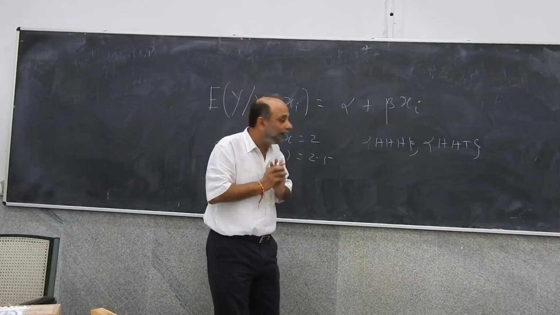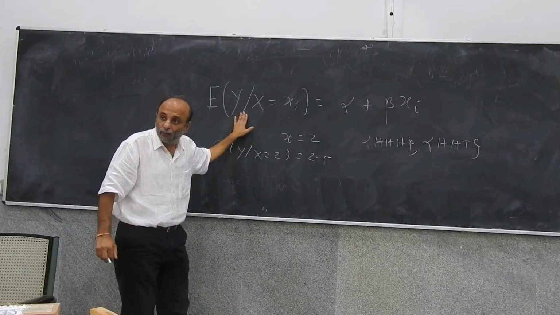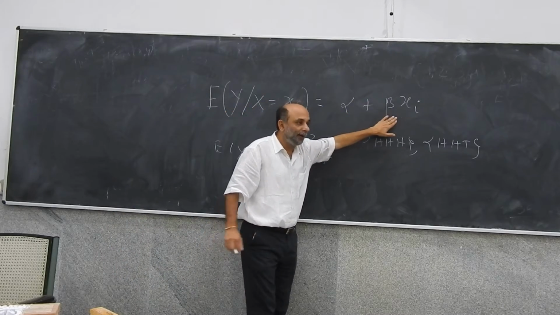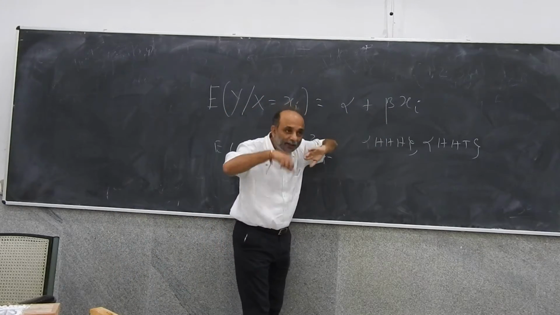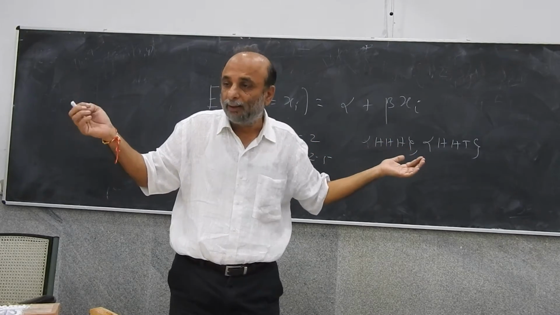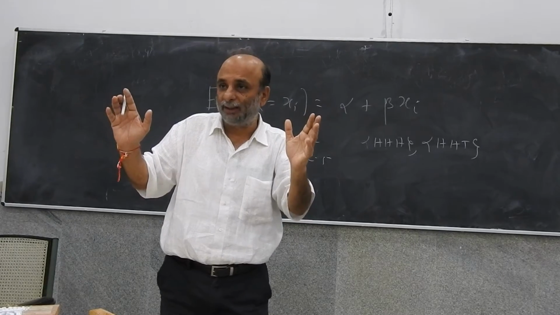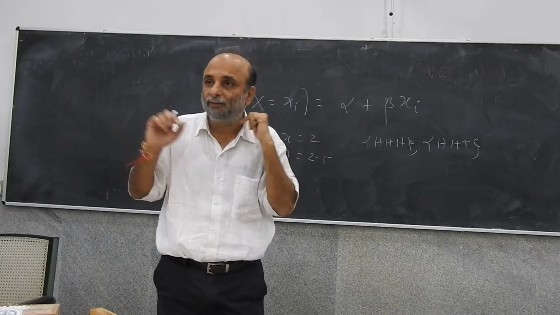Okay, right? And this function relates that average value to each individual value of x. For example, if x were 1, then you will get another set of outcomes, right? And the conditional mean of y given x equal to 1 would be 1.5.